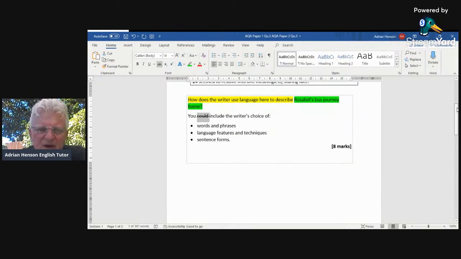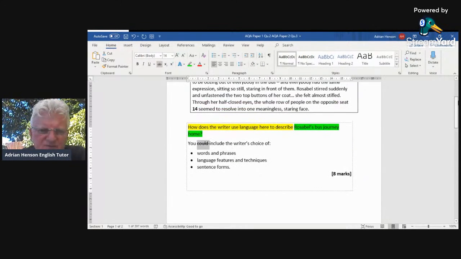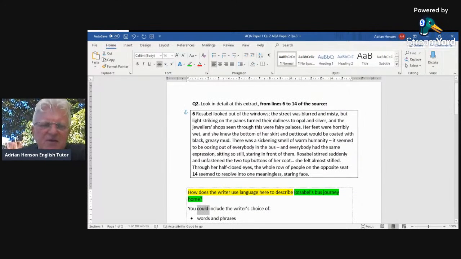So how do we go about it? It says bus journey home. The first thing you do when you do any question in GCSE is focus, I believe, in a chronological way, because when you read a text, we gain more information as the story progresses.